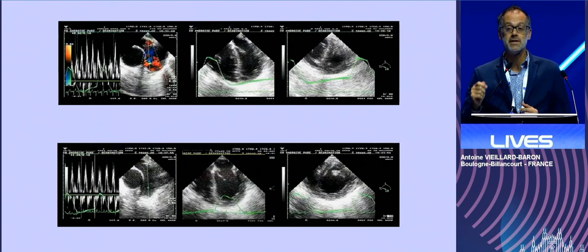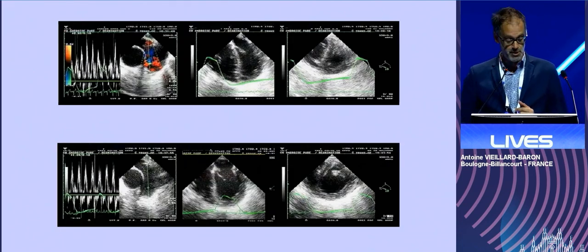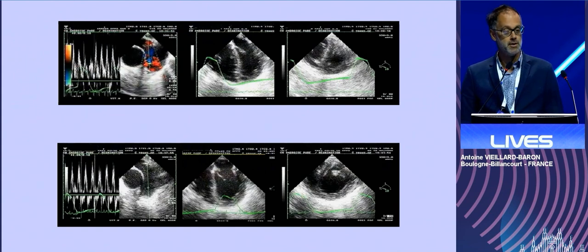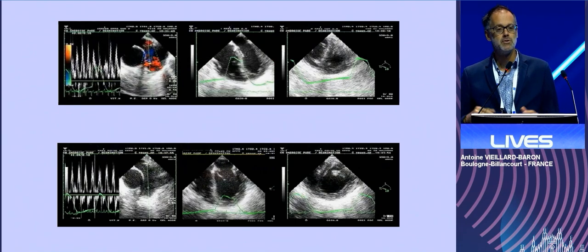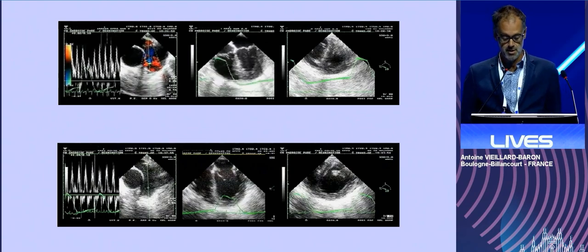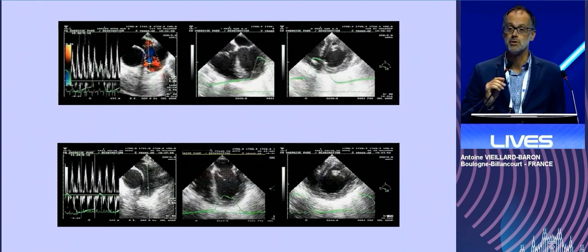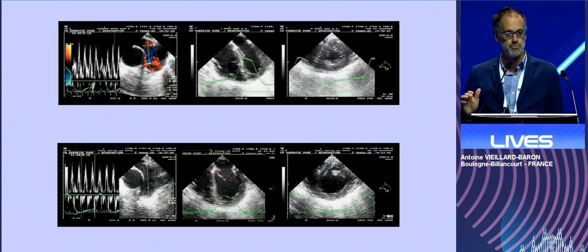And this is something that you may observe using echo also. Look at this patient before proning: huge drop in the RV stroke volume at each tidal ventilation. RV dilatation, maybe not bigger than the LV, but at least almost the same size as the LV. And paradoxical septal motion. So a typical pattern of right ventricular overload and acute cor pulmonale.